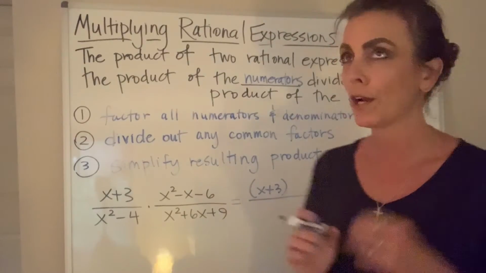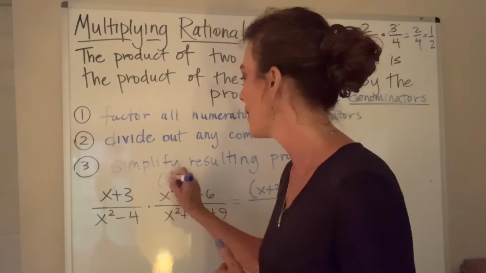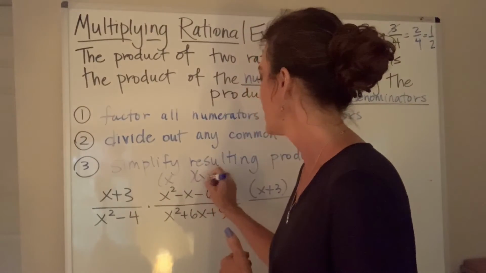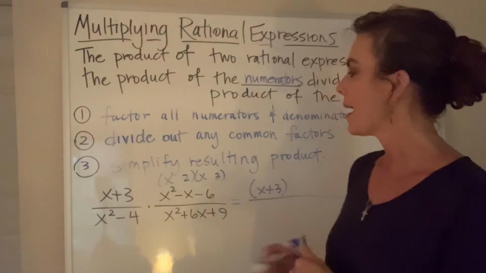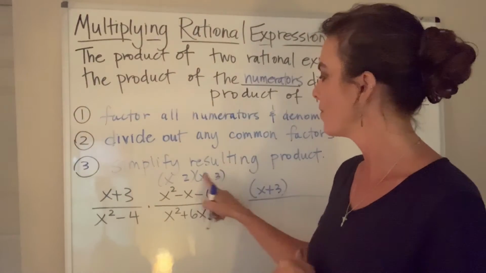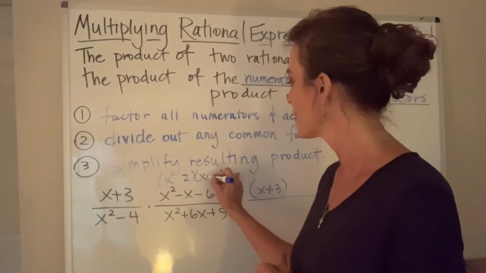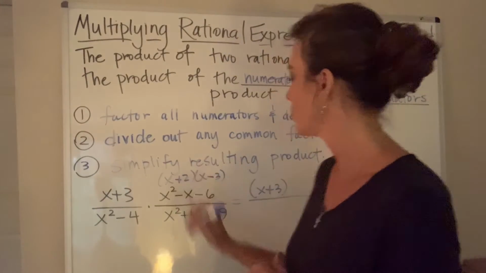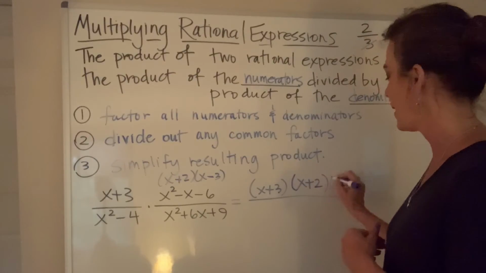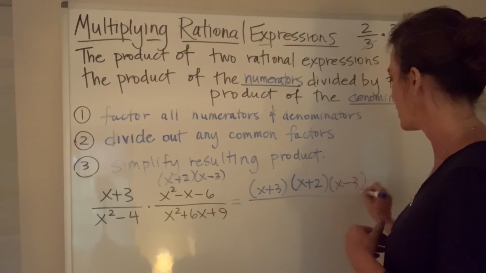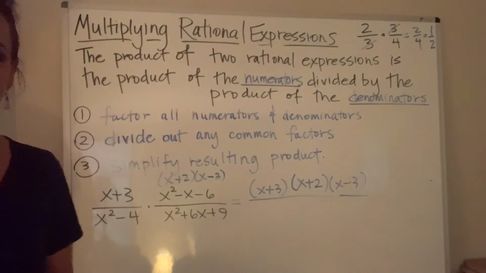So what are factors of 6 that subtract to make 1? Well, I think that would be x, and we've got 3 and 2, right? And the larger of these two values will always take the sign of that middle term. So this is going to be x minus 3 and x plus 2. So let's go ahead and put those there: x plus 2 and x minus 3. Okay, so all my numerators are represented in my product.